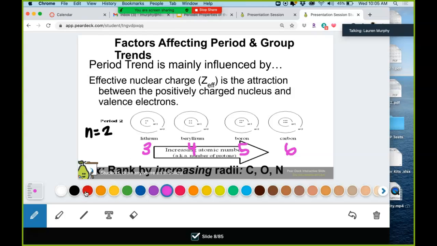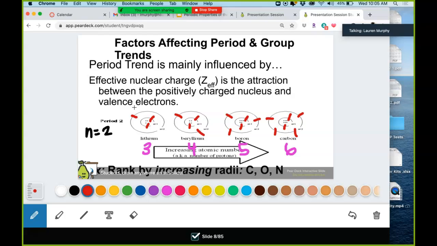As long as they're neutral, lithium has 3 electrons, beryllium has 4 electrons, boron has 5 electrons, and carbon has 6 electrons. If they're neutral, they should have the same number of protons as electrons.